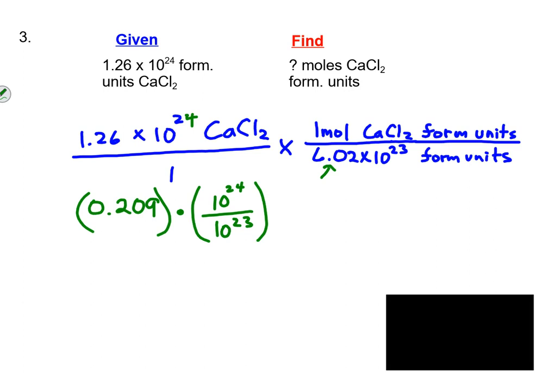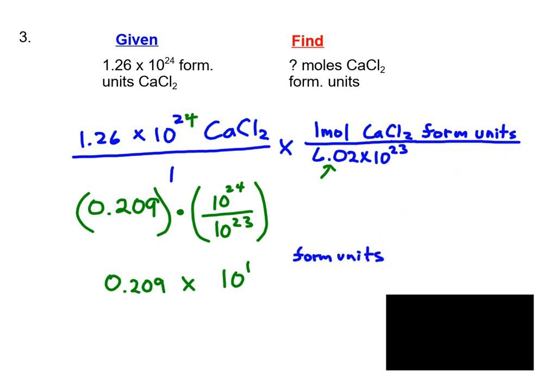And when I divide, I subtract the exponents, right? And so this becomes 10 to the 1. And this is 0.209 times 10 to the 1. And this is formula units. And this is calcium chloride also.